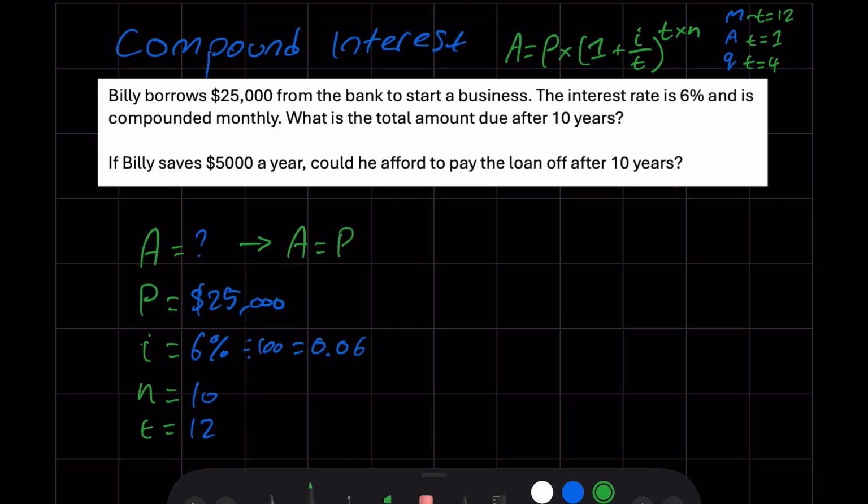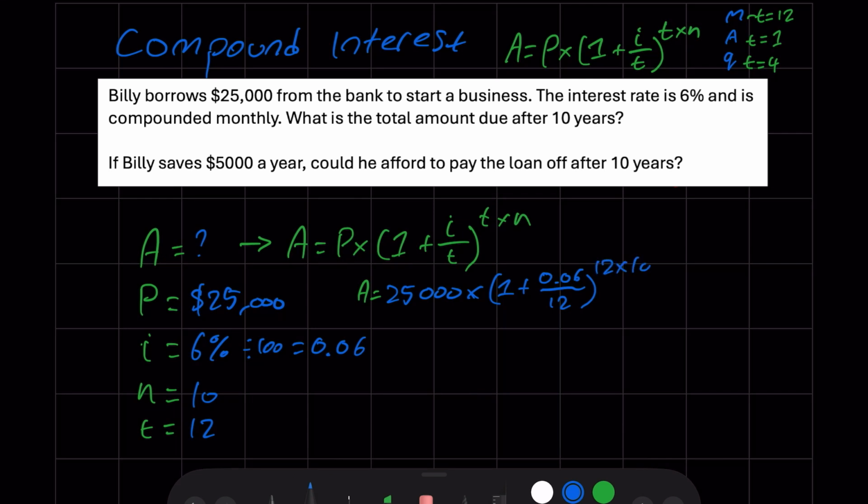A equals P times 1 plus I over T to the power of T times N. So A equals 25,000 times 1 plus I, which is 0.06 divided by 12 to the power of 12 times 10.